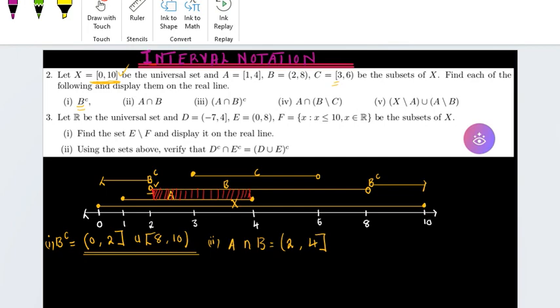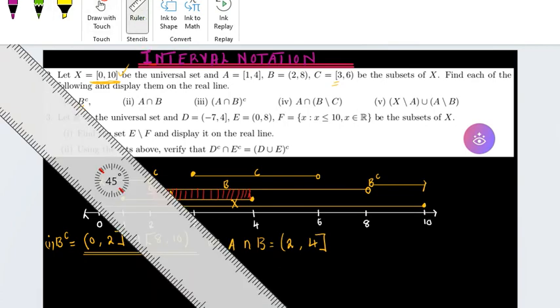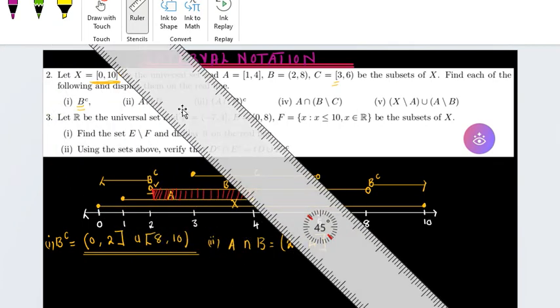Okay, very simple to interpret. All right. Okay. Sorry about that.